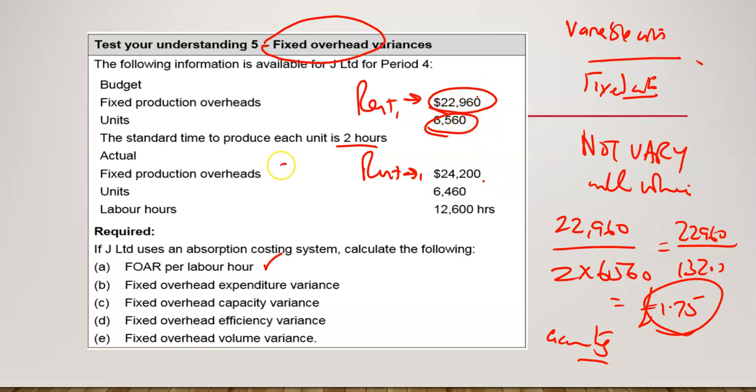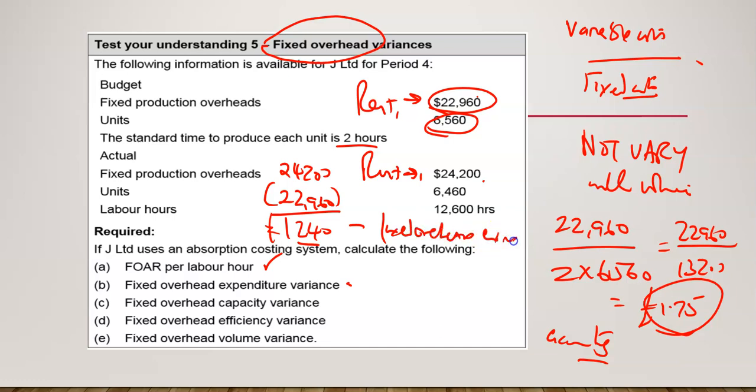That is 24,200 minus 22,960, which is equal to 1,240. This is the only real variance, and this is what we call the fixed overhead expenditure variance.